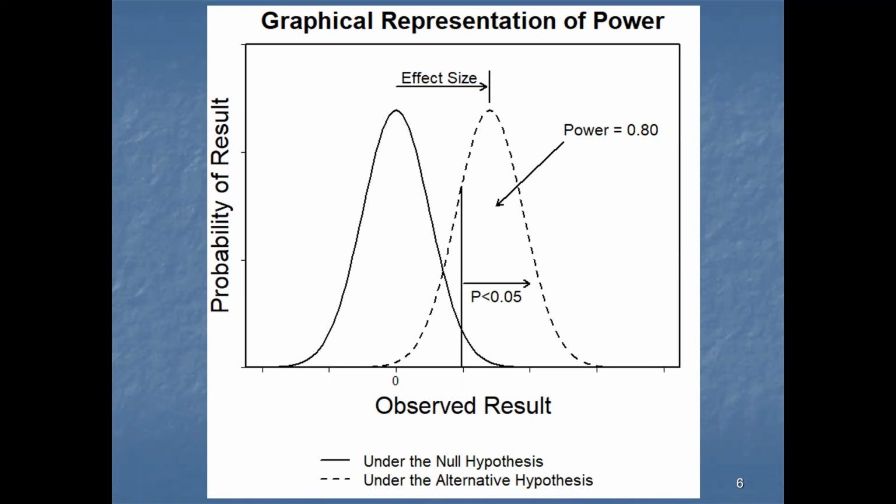So let's start off by looking at what we have here. You can see that we have these two curves, okay, one with a solid line, one with a dotted line, and you can see here in the legend it says that the curve with the solid line applies under the null hypothesis.